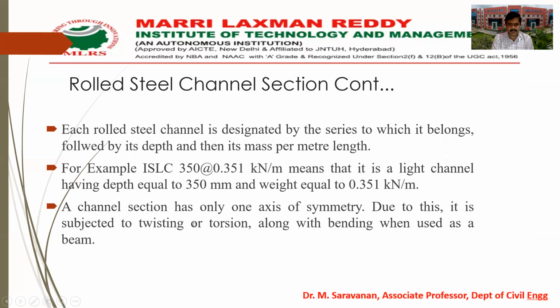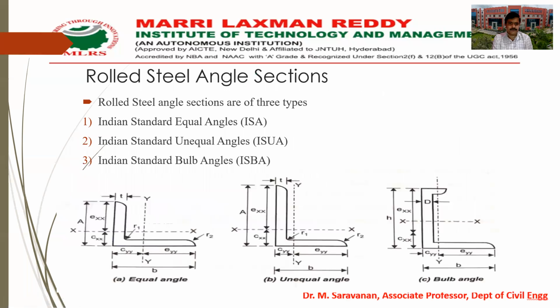Generally a channel section has only one axis of symmetry, the x direction. Due to this, it is subject to twisting or torsion along with bending when used as a beam, right? As we said earlier, torsion may be possible in a channel section. So when we provide it as a purlin on an inclined roof, it will be more.